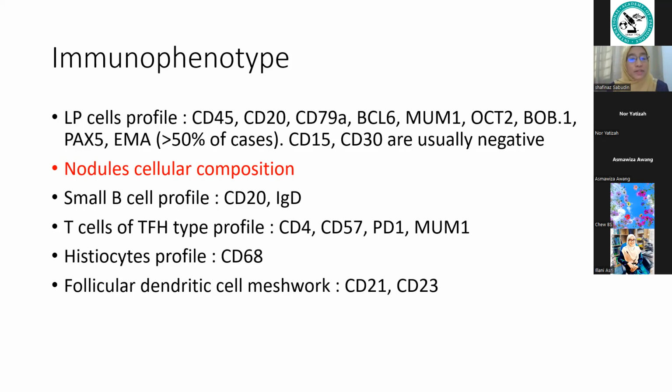The histiocytes, the profile will be CD68 positive, and for the follicular dendritic cell meshwork, you can do CD21 and CD23. So these are basically the important immunohistochemistry to do when assessing nodular lymphocyte predominant Hodgkin lymphoma.